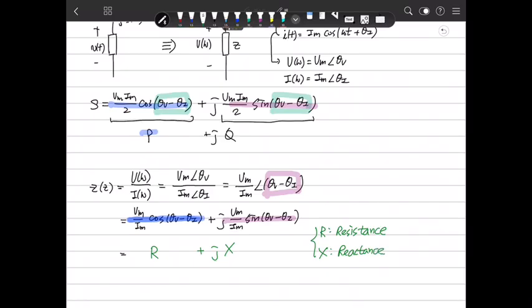As you see here, the active power is consumed by the resistor, so this is related to the active power. And this X, the reactance, is related to the reactive power.